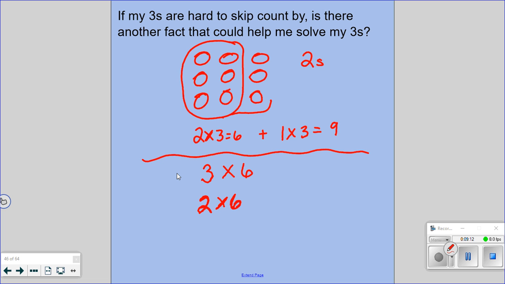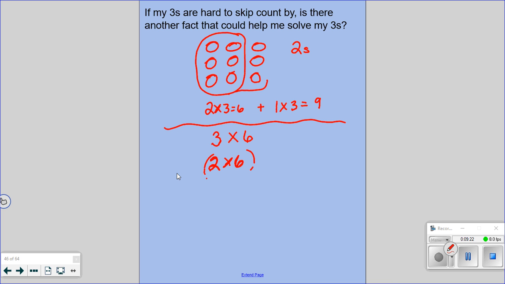I'm at 2 groups of 6, but that's not really what I want. I do want 3 groups of 6. So how do I get from 2 groups of 6 to 3 groups of 6?